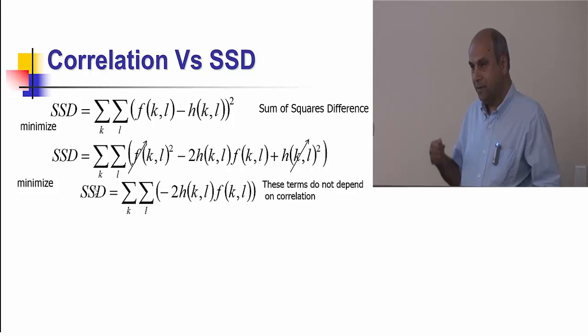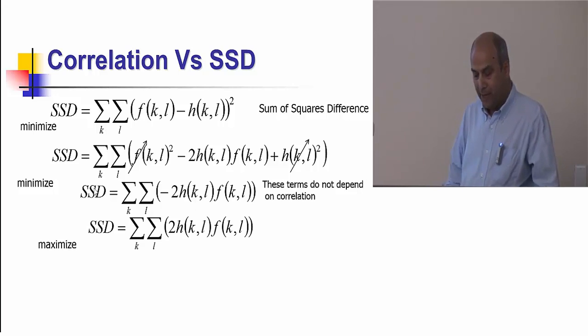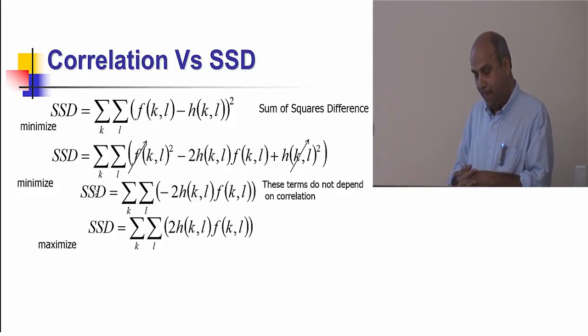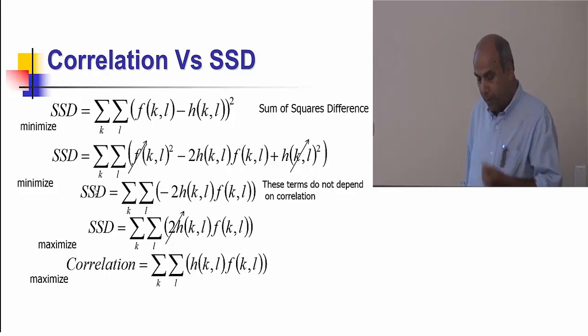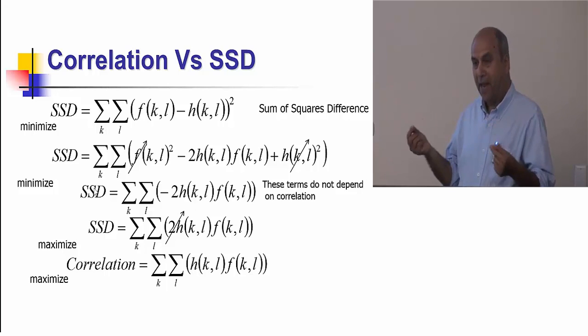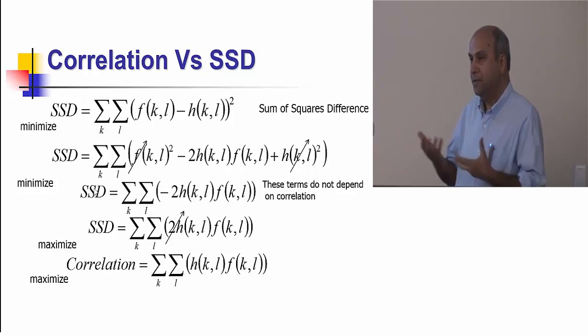Okay, so that reduces the sum of square differences. Now instead of minimizing with the minus, we can maximize. Okay, and the 2 also doesn't matter, there's a scale, we can get rid of that also. So now it reduces to the correlation. See, because we're multiplying pixel by pixel from H and F, and this is the magic.